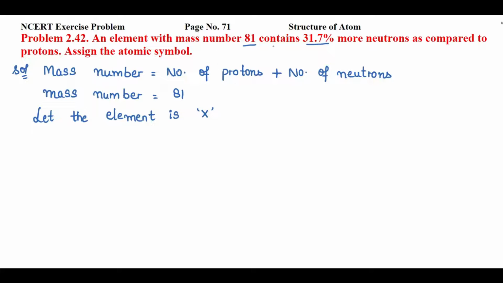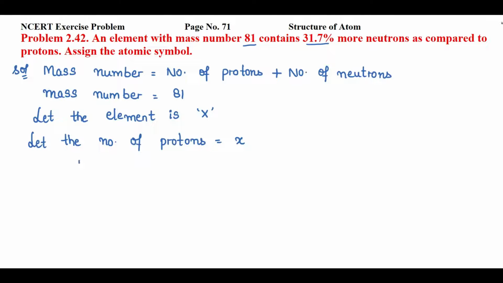Now let's see our conditions. First, they are saying these neutrons are 31.7% more than protons. So first of all, I'll assume that let the number of protons equal small x.